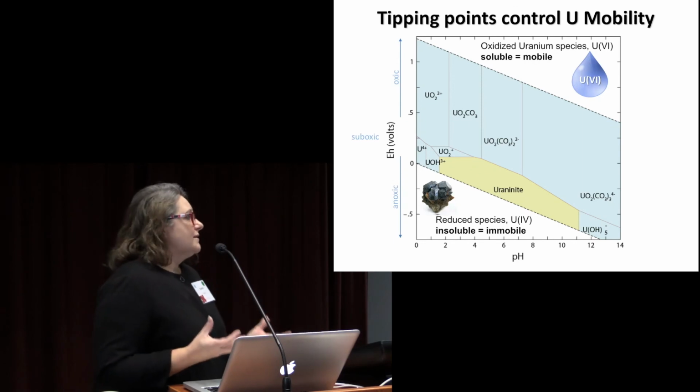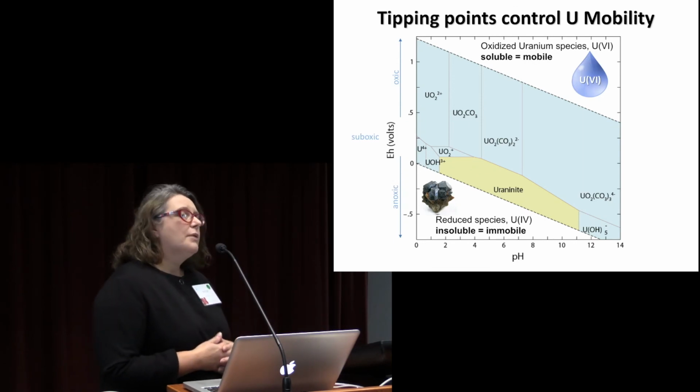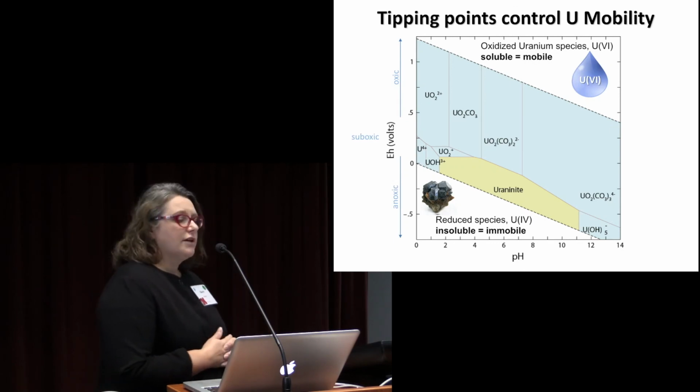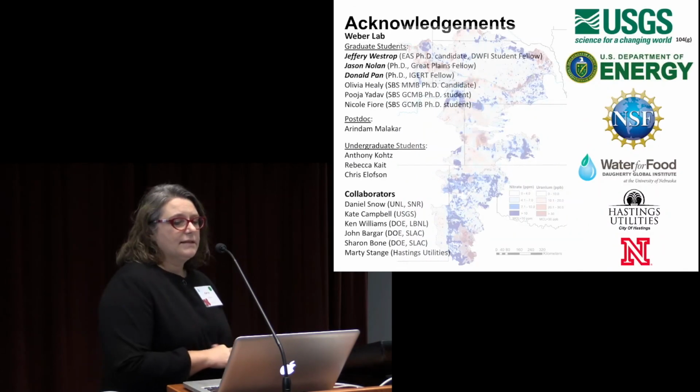While we might see uranium mobilization with high concentrations of nitrate, perhaps even low concentrations of nitrate might be somewhat helpful in retaining uranium in that system. So this would indicate that there are tipping points with regards to uranium mobility, and other mechanisms that might be at play in retaining uranium in these systems.